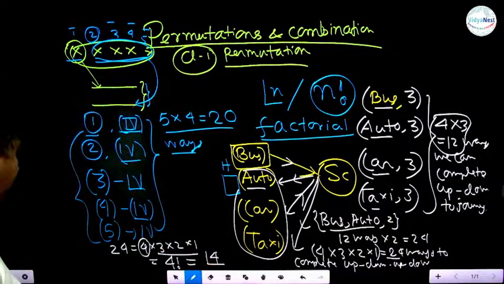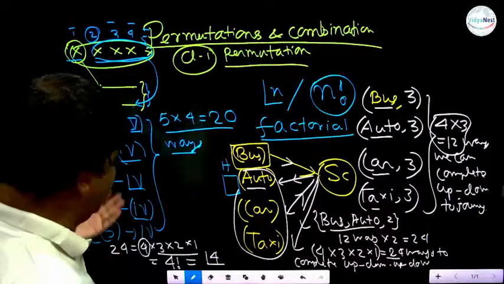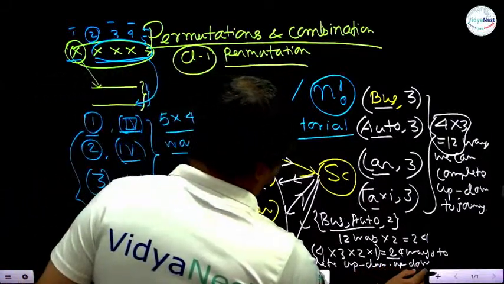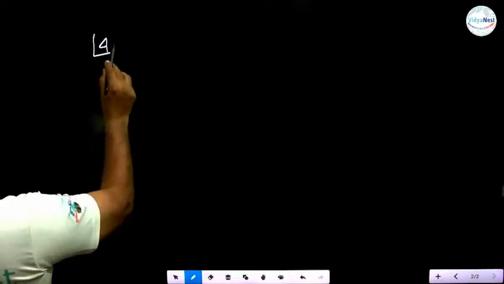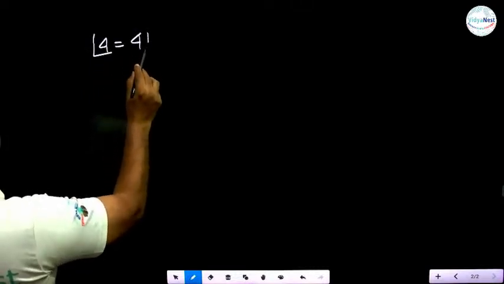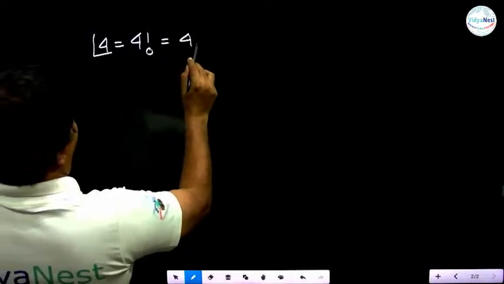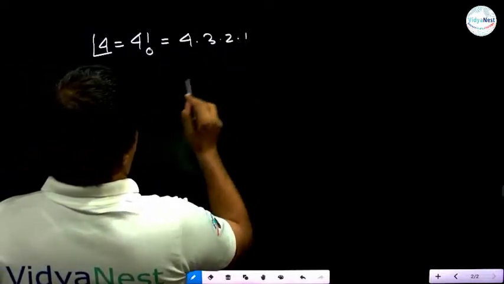So once you get the concept of, say, factorial 4, factorial 4 is 4 into 3 into 2 into 1.